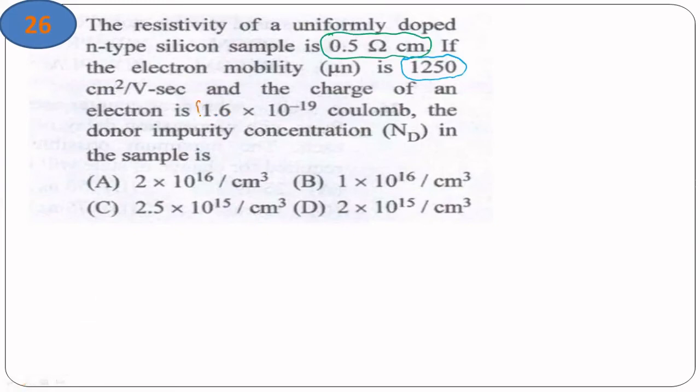So the charge of an electron is 1.6 into 10 to the power minus 19 coulombs.